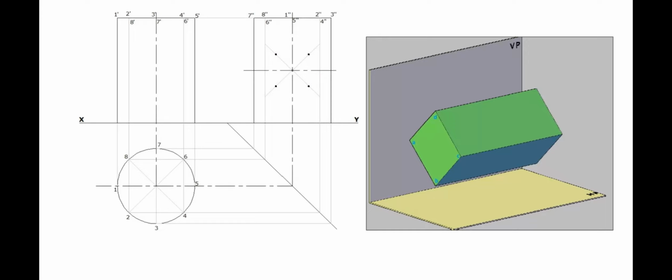Draw parallel lines through these points, and complete the square. Name the corners as A double dash, B double dash, C double dash, and D double dash.